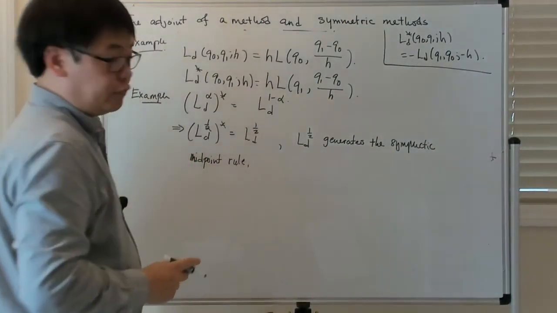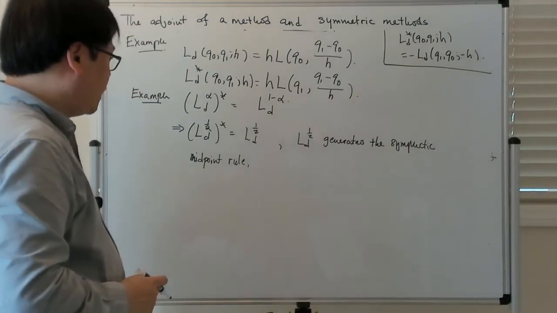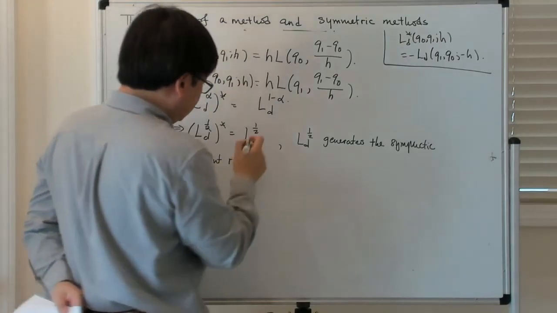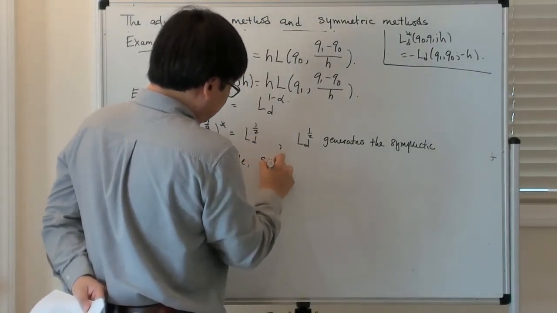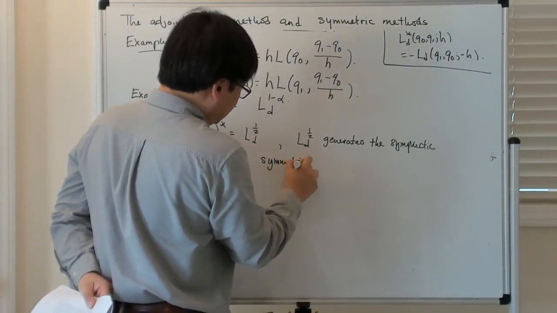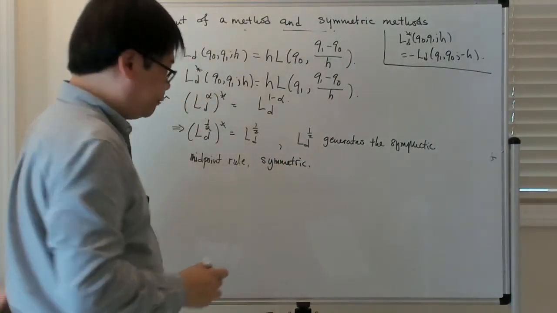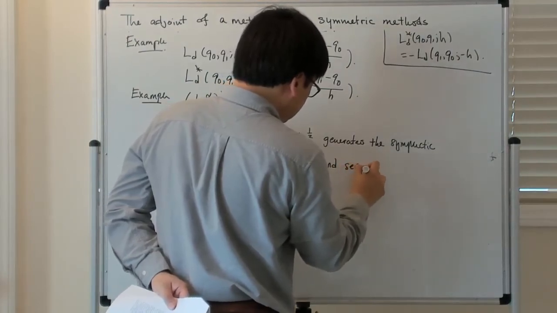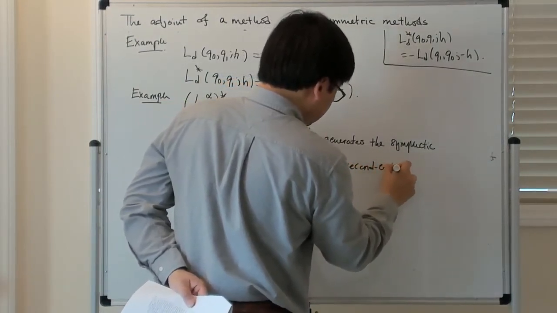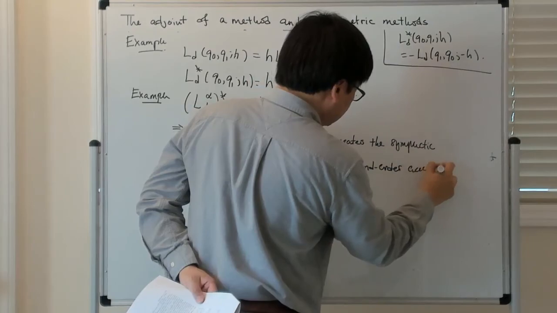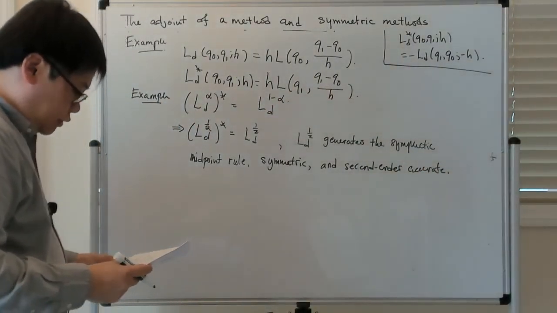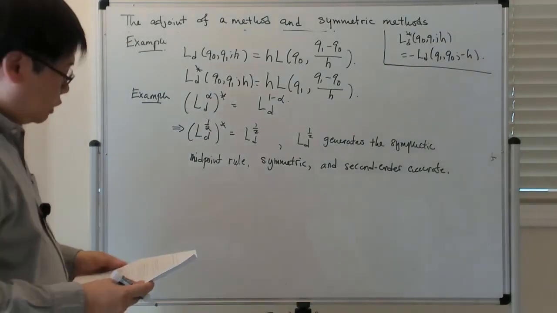And you might know, for example, that the symplectic midpoint rule is symmetric, which you can see from this result, and it is second order accurate. Okay. All right. So let me just stop here for now.